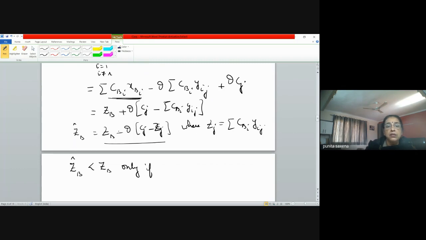If I wrote theta here, then it should be plus, which I actually write as ZB minus theta into ZJ minus CJ. Is it okay now? So that means ZB cap will be less than ZB only if ZJ minus CJ is strictly more than 0, because theta is already positive. So only if this term is also positive will ZB cap be less than ZB.